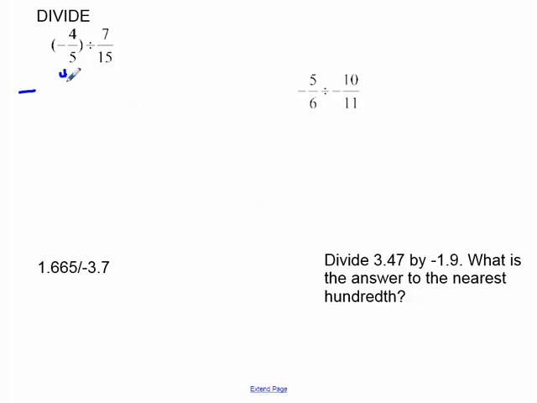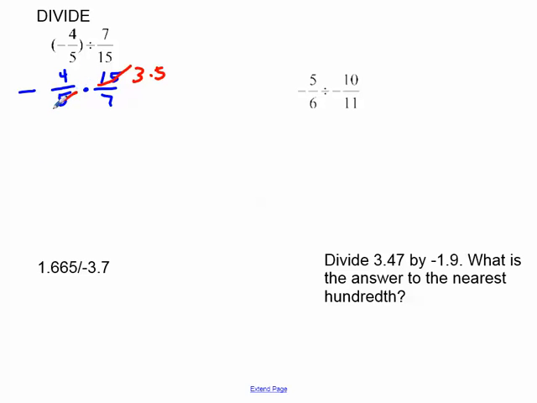So I'm going to stay 4/5, change divide to multiply, flip: 15 sevenths. Now I've got negative, the multiplication of these two fractions. We've been here before. I'm going to recall 15 is 3 times 5. 4 doesn't cancel with anything down here, so I'm not going to worry about factoring 4.